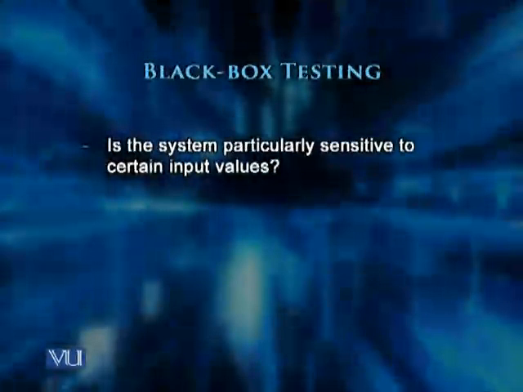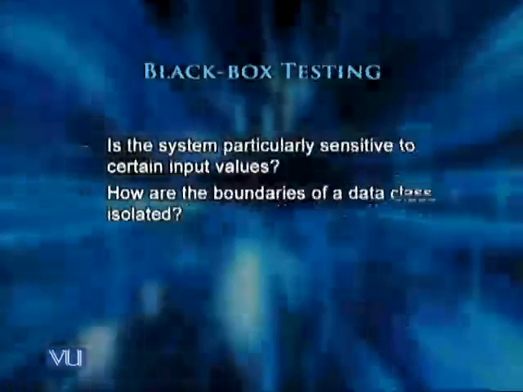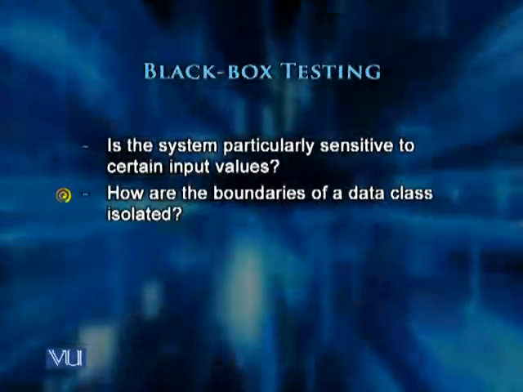Well, the fourth is, is the system particularly sensitive to certain input values? And this information is obviously going to come from the requirement set as well as the application domain. Next question is, how are the boundaries of the data class isolated? What are the possible acceptable values as far as inputs are concerned, and what are the boundaries that are acceptable?